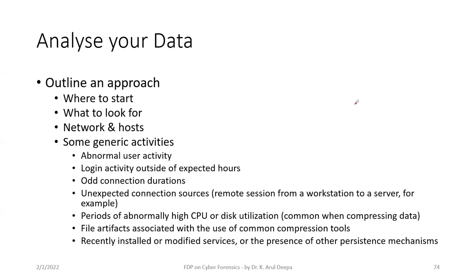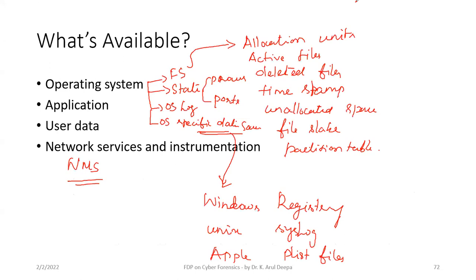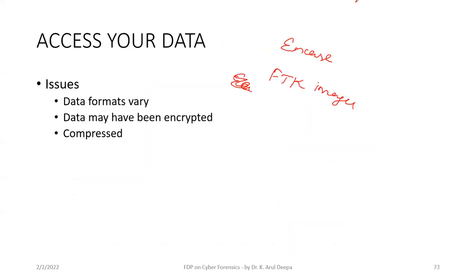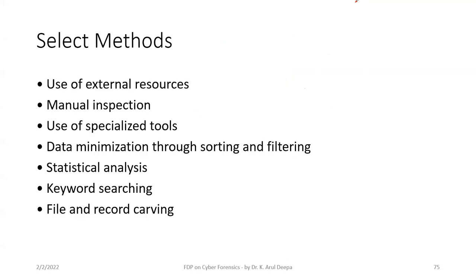Then periods of abnormally high CPU or disk utilization, file artifacts associated with the use of common compression tools, recently installed or modified services, and the presence of other persistence mechanisms. So all that can be identified if you investigate properly: OS data, application data, user data, network service data, all that.